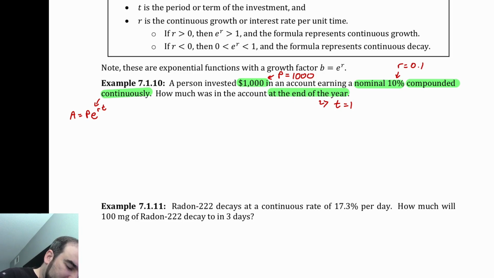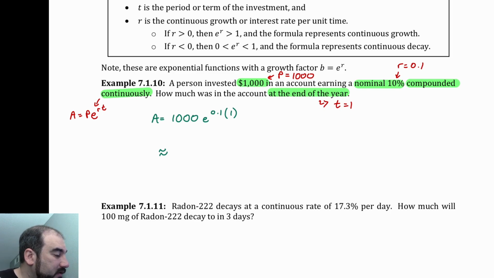So we plug things into the formula. A is going to equal P, which is 1,000, times e, which we leave as e because that's a number, right? We don't change that. e to the rt power. r is 0.1 times t, which is 1. So we can plug that into our calculator. 1,000 times e to the 0.1 times 1.